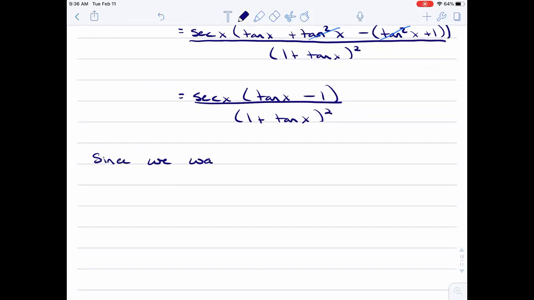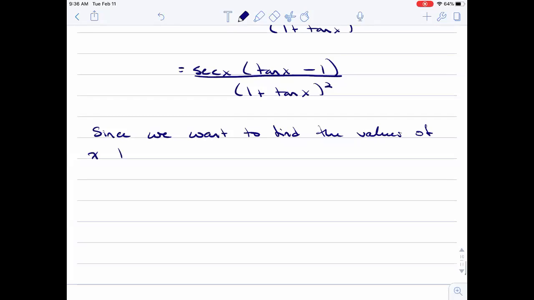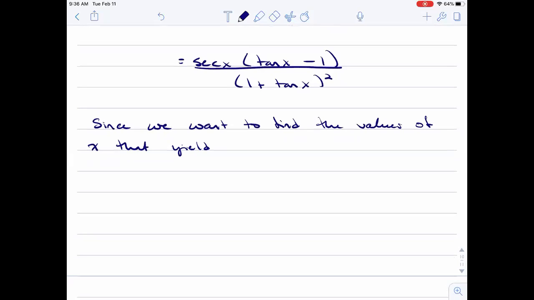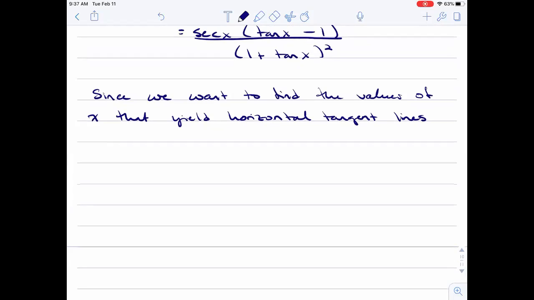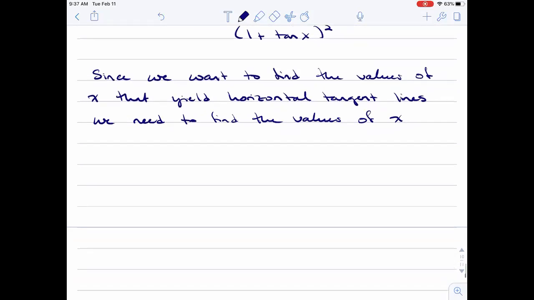Since we want to find the values of x that yield horizontal tangent lines, we need to find the values of x that make the derivative 0, right?